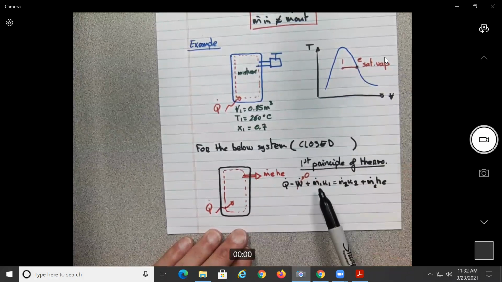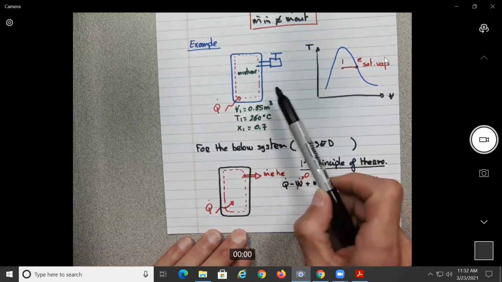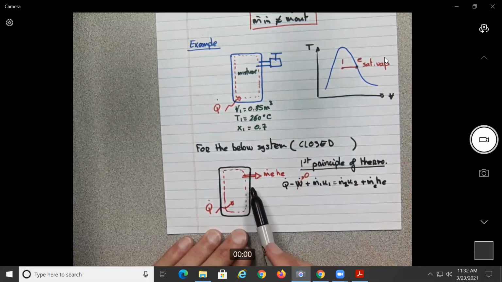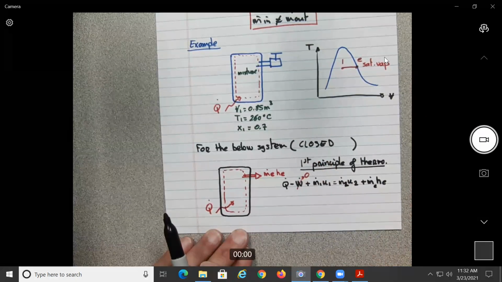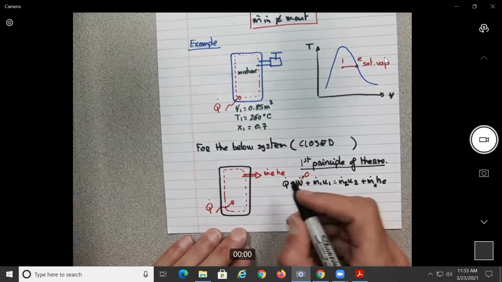This one should be M1 U1 at the beginning, and at the end you have M2 U2 or UE over here, plus whatever the amount of mass is leaving. Okay, and I put it on this side because it should be negative. Now all of this should be without dots because in the first principle, supposedly there is nothing moving. But in this case, since it's moving due to this term over here, I put the dot everywhere. And basically, that's what the problem is. That's it.